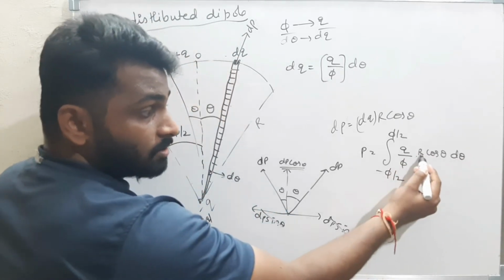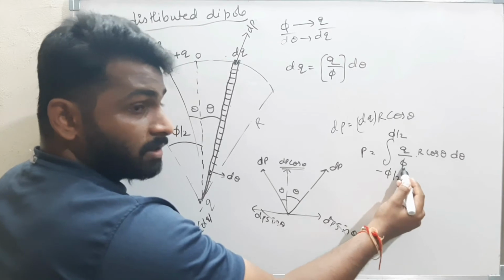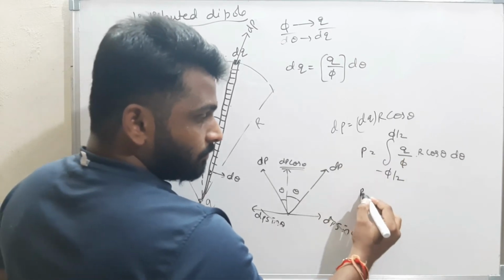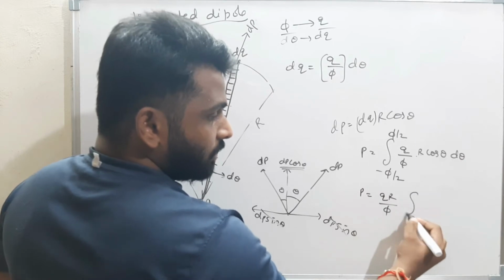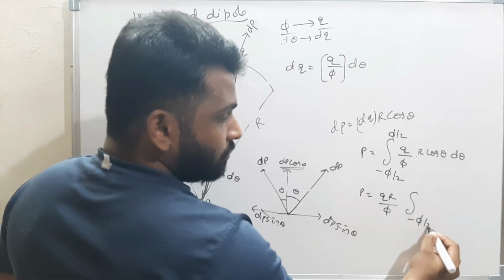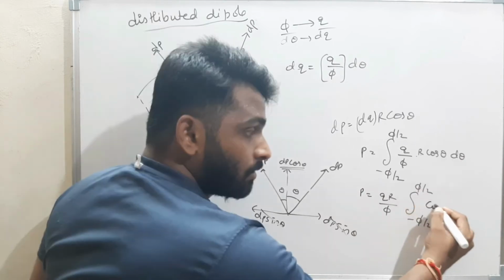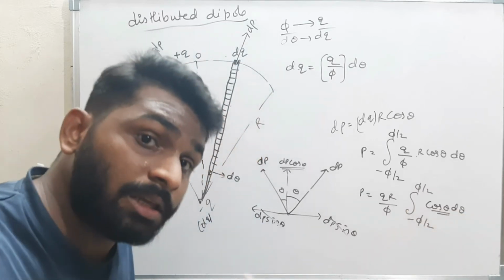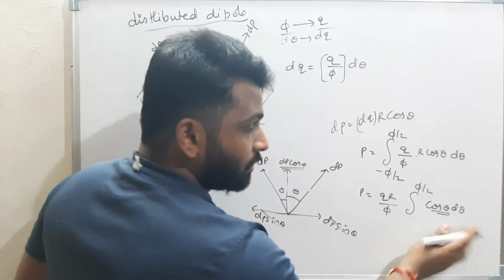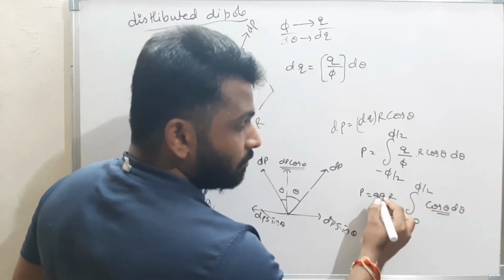Now r is a constant, q is a constant, phi is a constant. They will come out. Therefore, p is equal to q r by phi, integration from minus phi by 2 to plus phi by 2, cos theta d theta. Now cos is an even function. Therefore, I can write 0 to phi by 2 and multiply by 2.